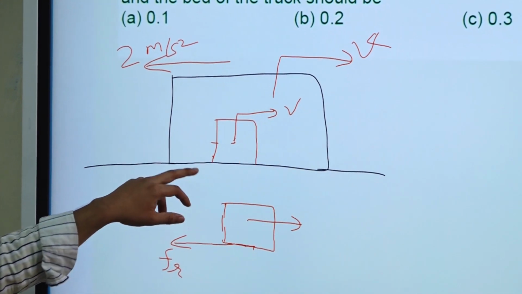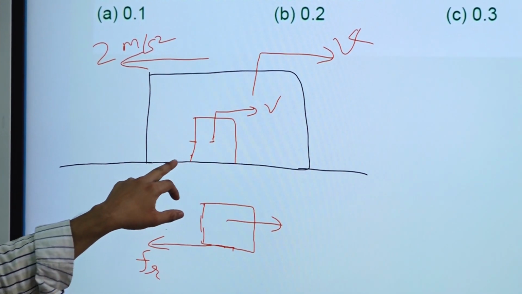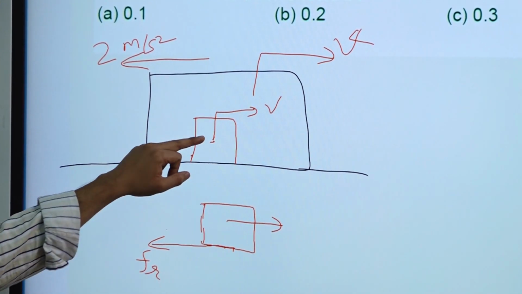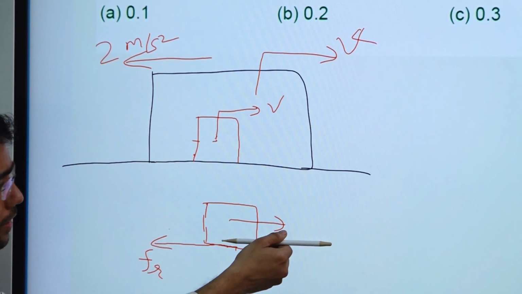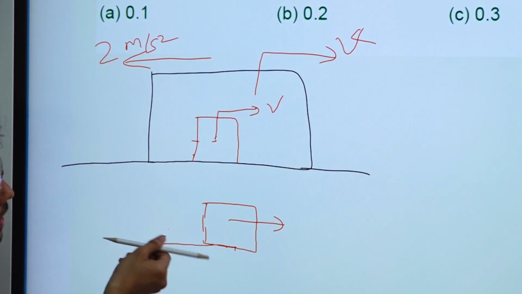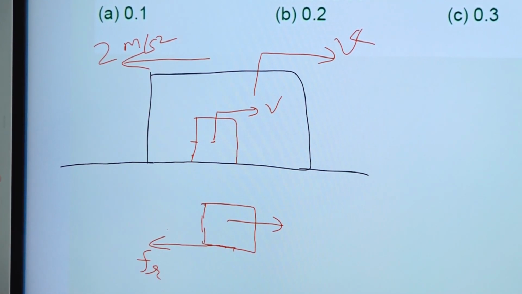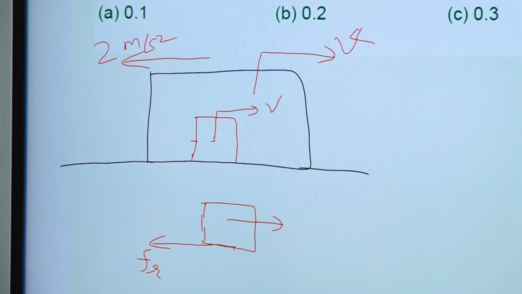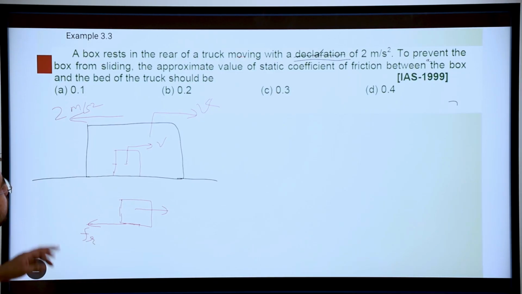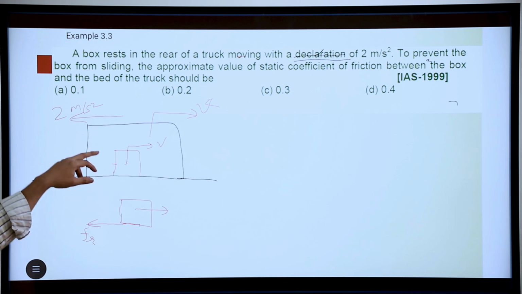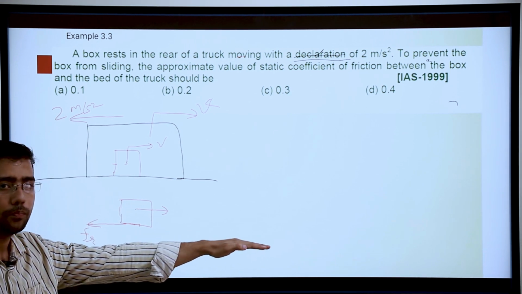So here, at the contacting surface between this block and the truck, we have this friction, right, acting in reverse direction. So this friction is not acting in positive x direction. Suppose we had acceleration, then this friction force would be acting in positive direction.